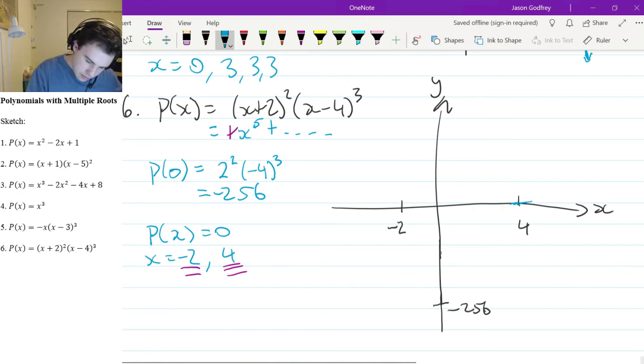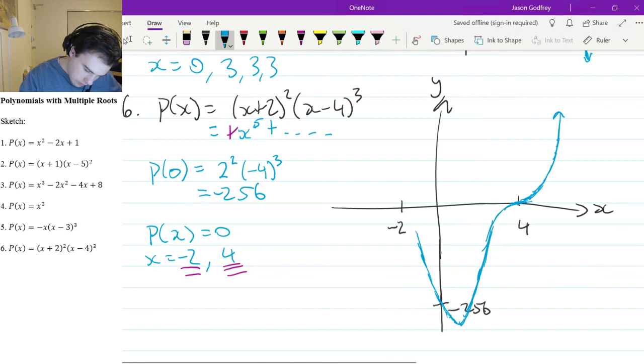Okay. The leading coefficient is positive, so it's going to start up the top right. 4 is a triple root, so it's going to come through as an inflection point and curl back down. Then it's going to turn around at some point, whether it's to the left or right, and cut through this y-intercept.